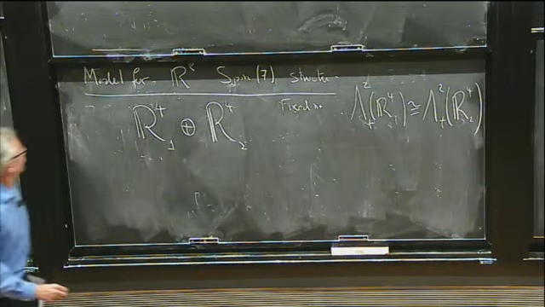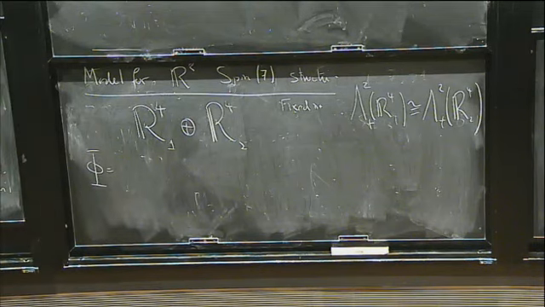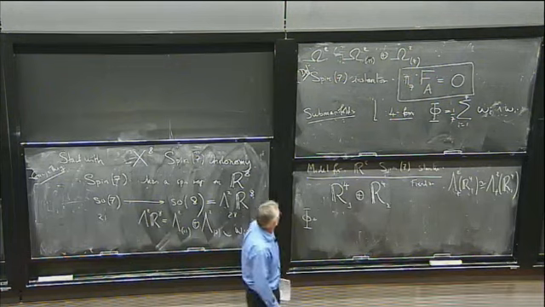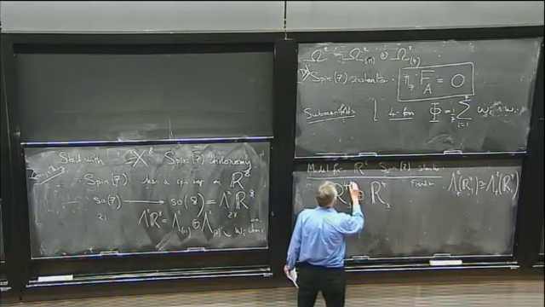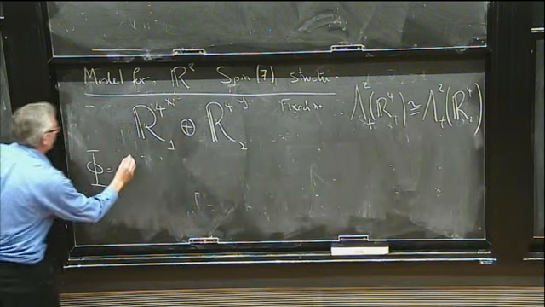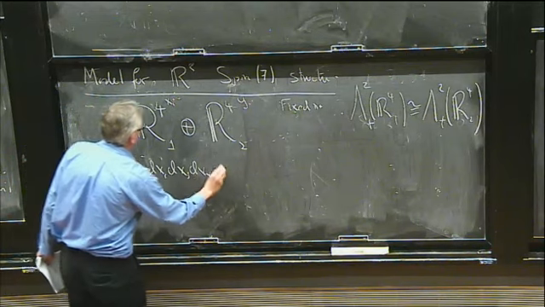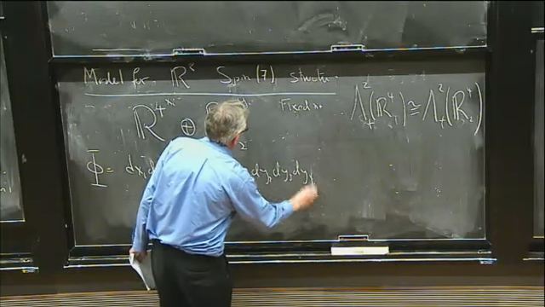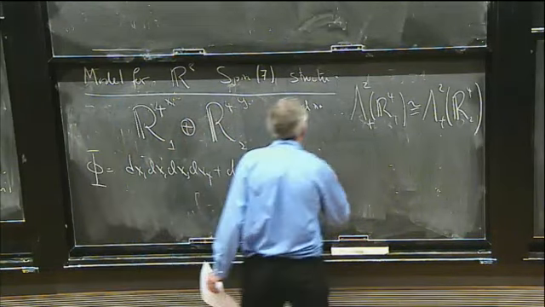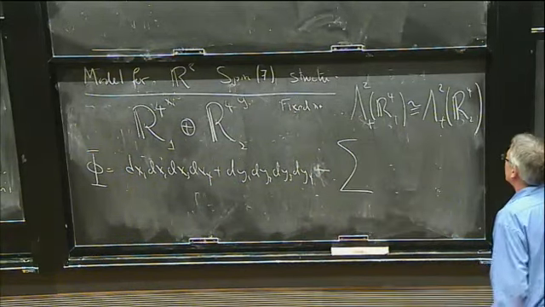So then we can write down a 4-form, which is, so we take, say, coordinates x_i on one copy and y_i on the other. So we'll take the volume form in each factor, plus, I think, minus, the sign I got, the sum.